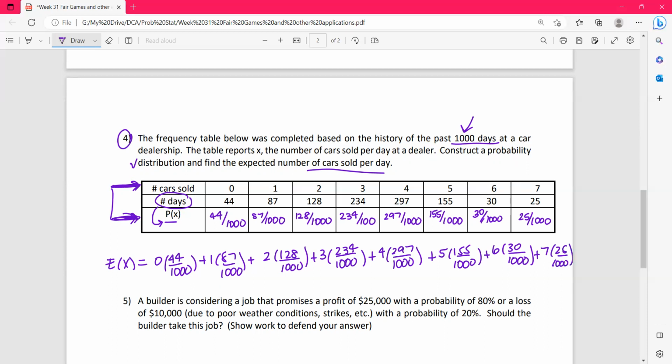And when we multiply all of that together, our expected number of cars sold per day is 3.363 cars per day.